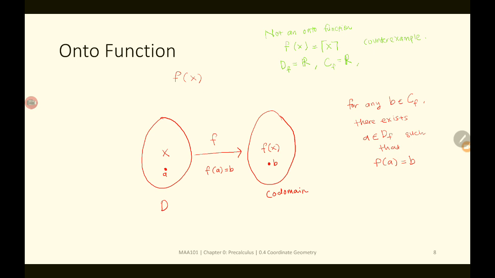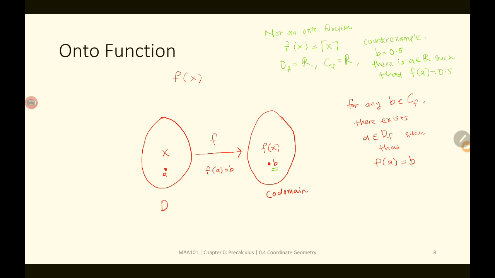If we choose b equal to 0.5, there is no real number a such that f of a equals 0.5, because the output is always going to be an integer, and we have defined that the codomain is real numbers.